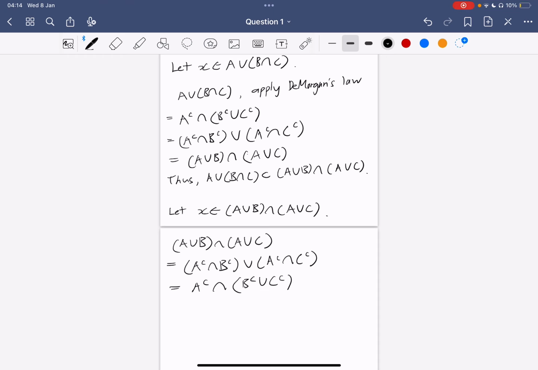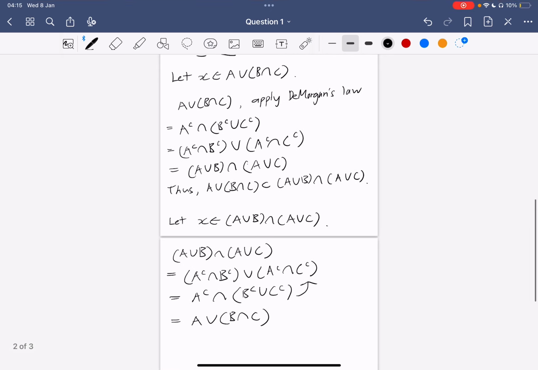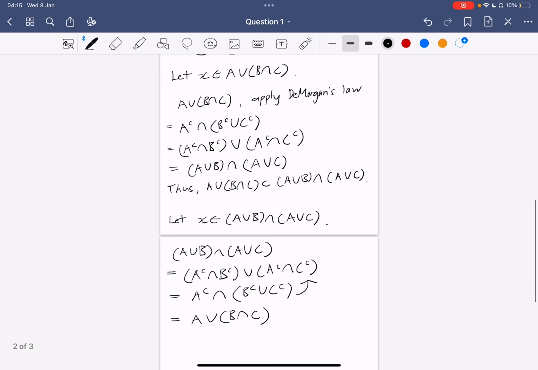Right. So this statement here gives the previous statement. If you apply the distributive law of the intersection over the union and apply De Morgan's law again, we get A union B intersect C. Just to check, yep.